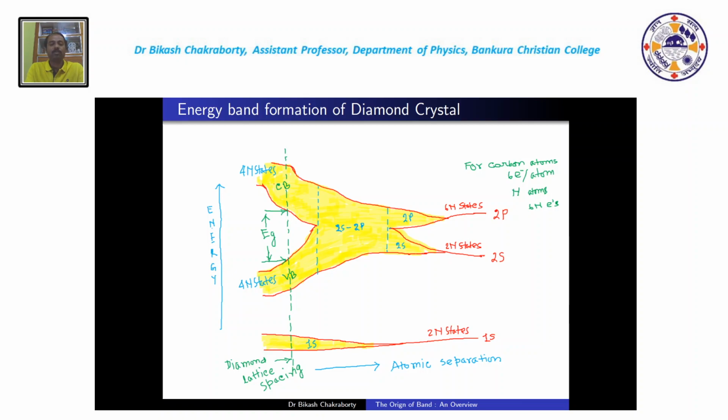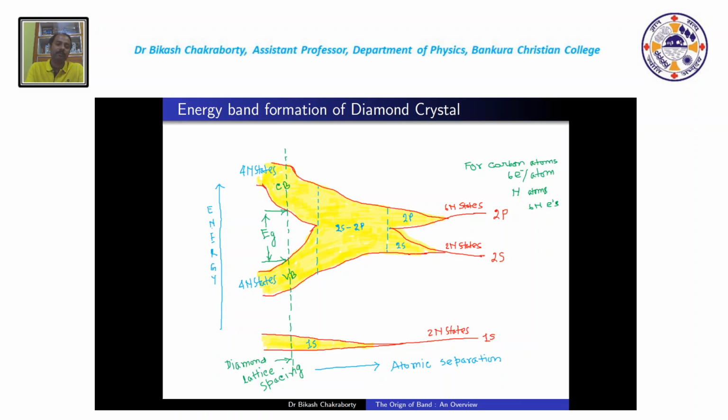Now, as we decrease the separation between the isolated carbon atoms, the wave functions begin to overlap and actually form a 2s 2p composed state, which contains altogether 8n states, 6n plus 2n, 8n states. Now they forget about how they were formed.